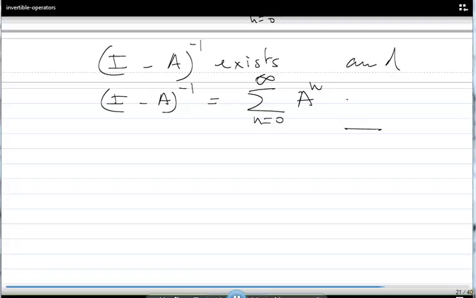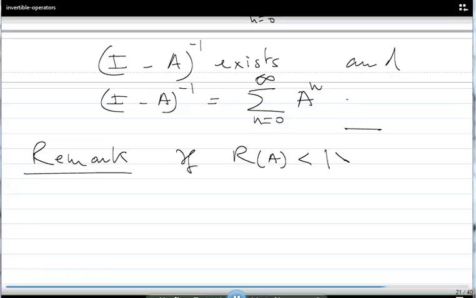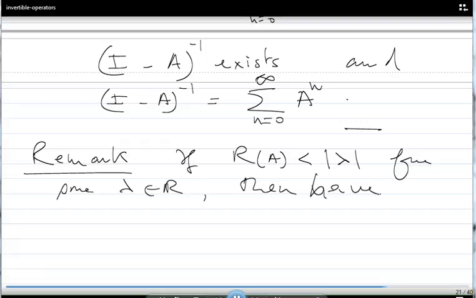And in general, remark, same proof: if r of a is less than the absolute value of lambda for some lambda in R, then the sum of (1 over lambda) times (1 over lambda) to the power n, a to the power n, from n equals 0 to infinity is convergent.